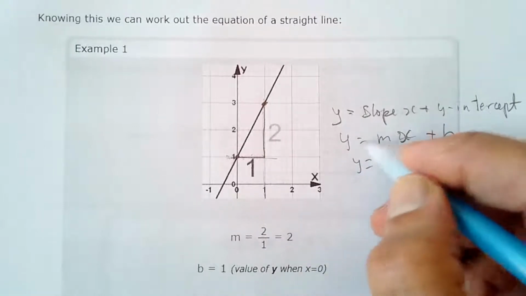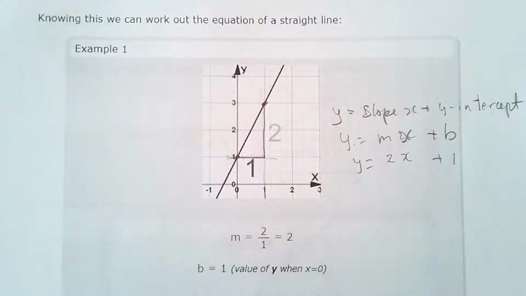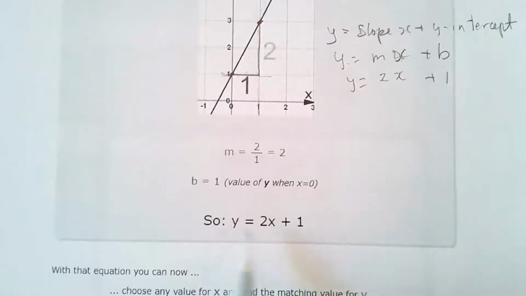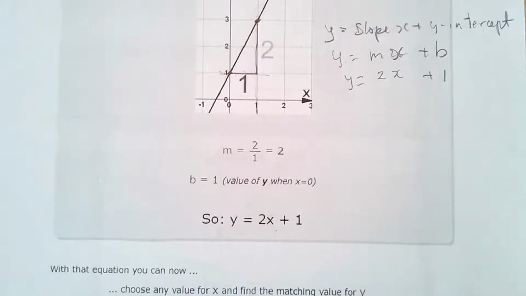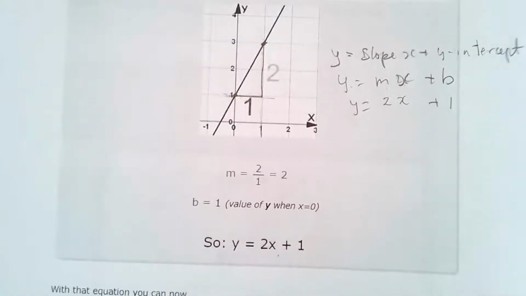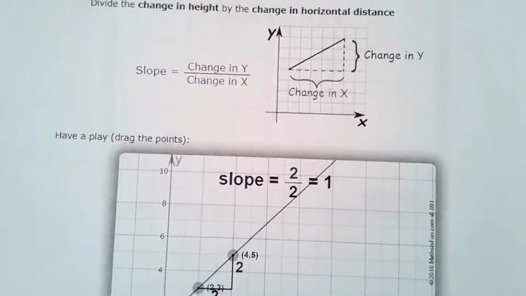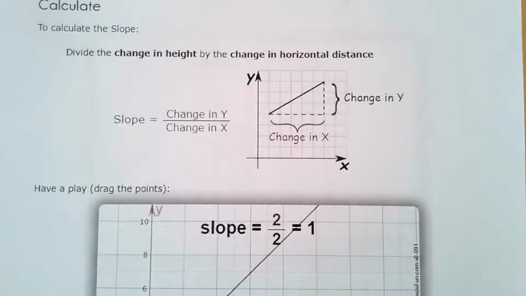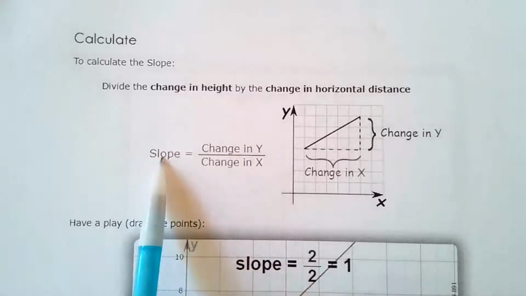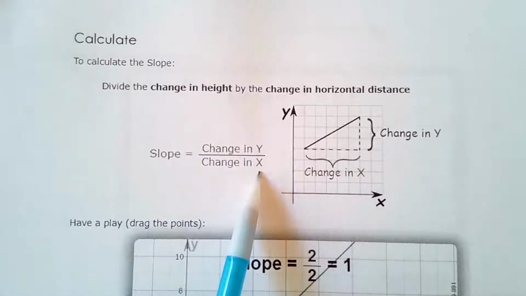Y is equal to. Remember, the y and the x are the variables, so we leave what they are. So we have y is equal to 2x plus 1.